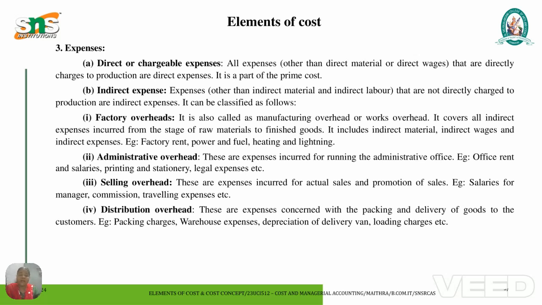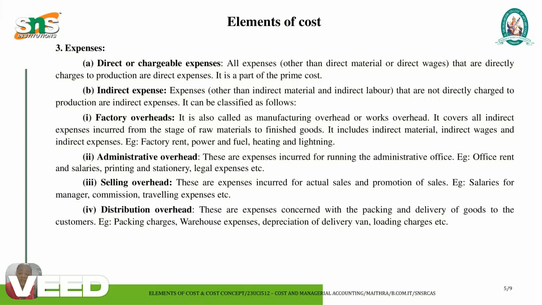Factory overhead is the manufacturing overhead or works cost. It covers all the indirect expenses incurred from the stage of raw material to finished goods. It includes indirect material, indirect wages, and indirect expenses. Next, administrative overhead. These expenses are incurred for running an administration office.